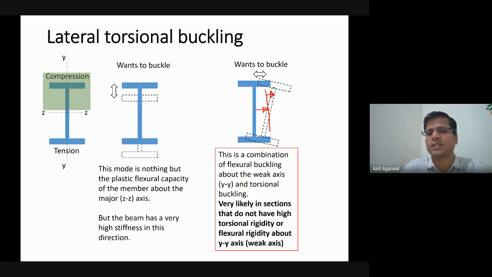So in a sense, there are two major centers in this beam. One center is moving more, which wants to move. The other point doesn't want to move as much, but it is being pulled by the other part to move a little bit, and it is resisting the movement. This kind of buckling is known as lateral torsional buckling. Why lateral torsional buckling? Because you have lateral deflection, and also you have a torsion, twisting involved.